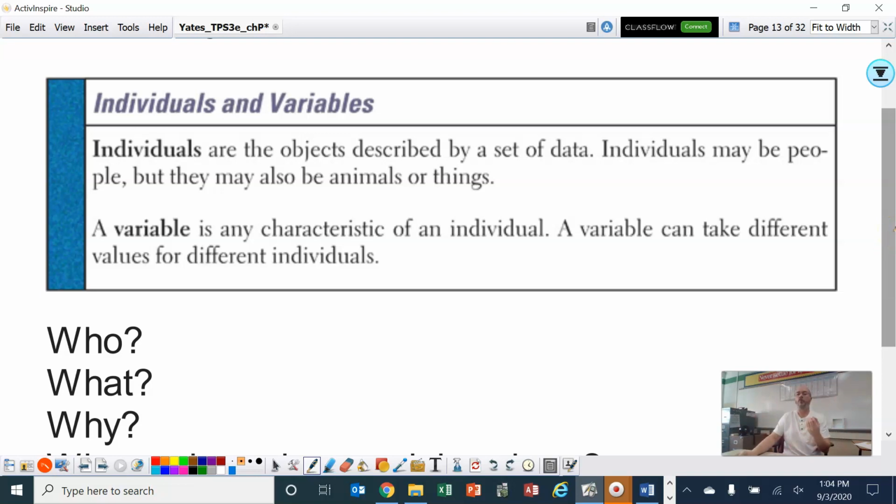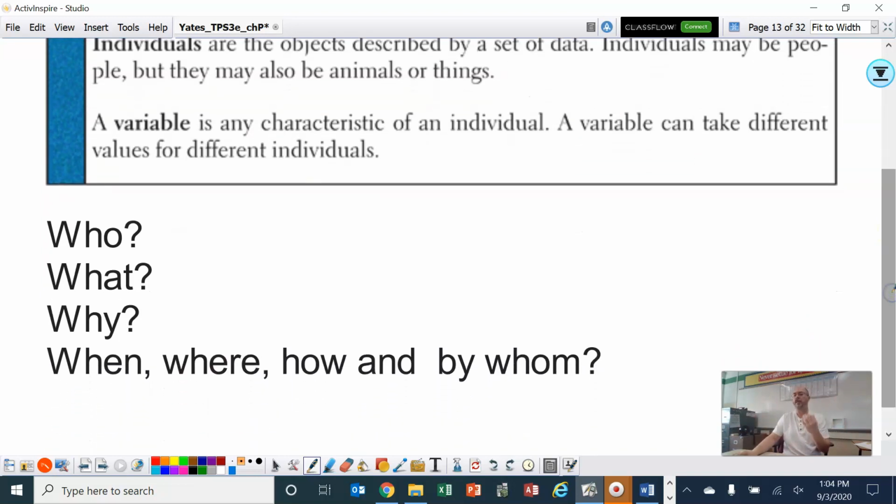And when we look at stuff, ladies and gentlemen, we need to keep these things in mind. Who is in this data? What's the data about? Why was this data collected? For what reason? When, where, how, and by whom was this data collected?